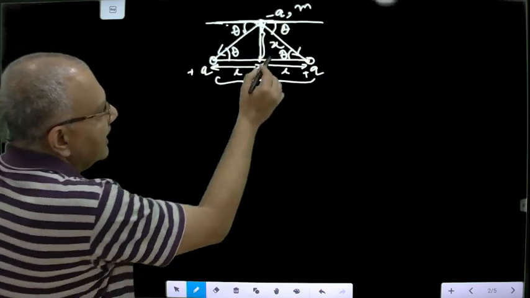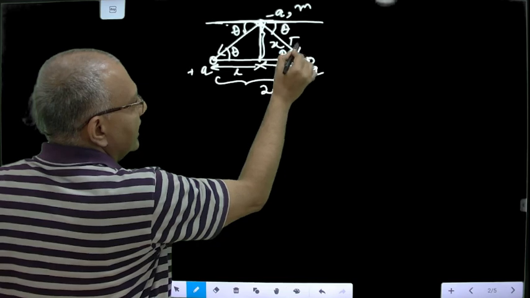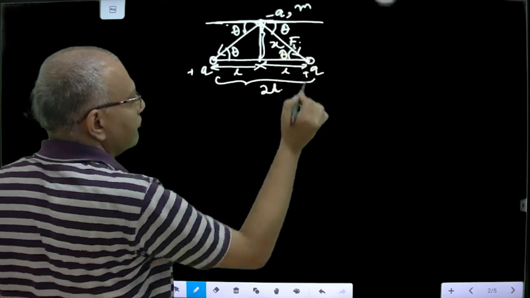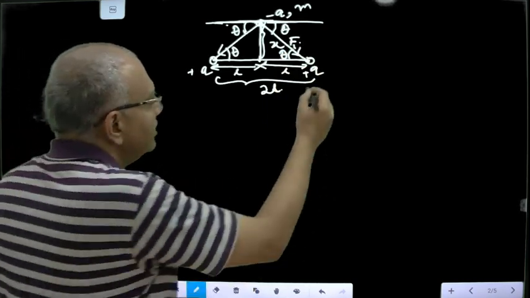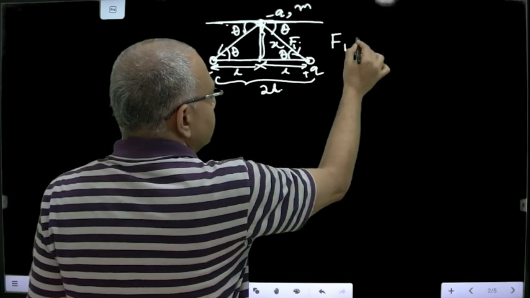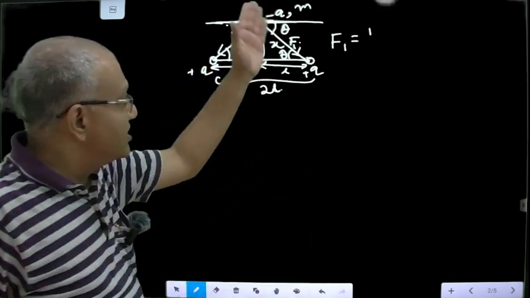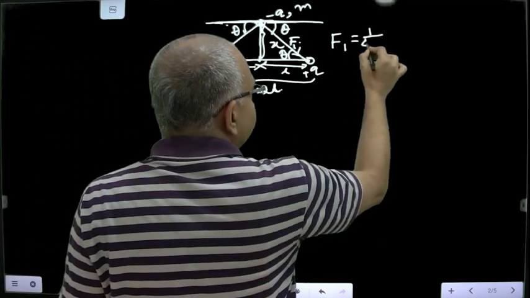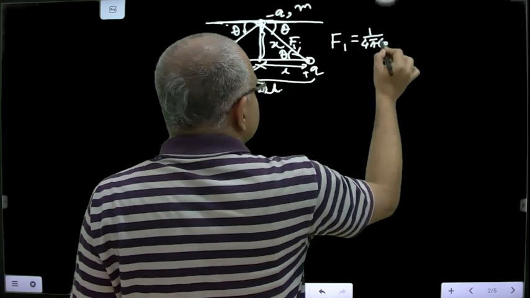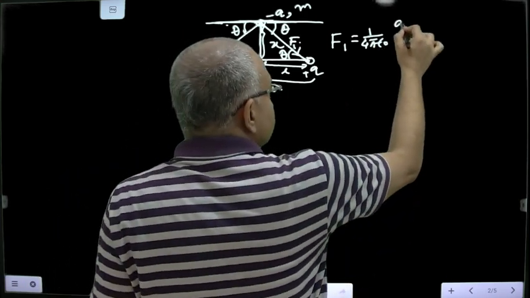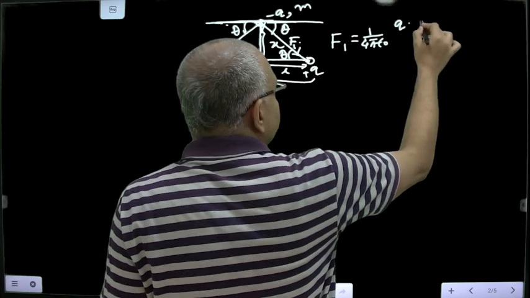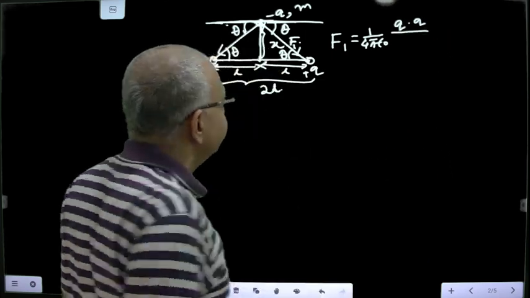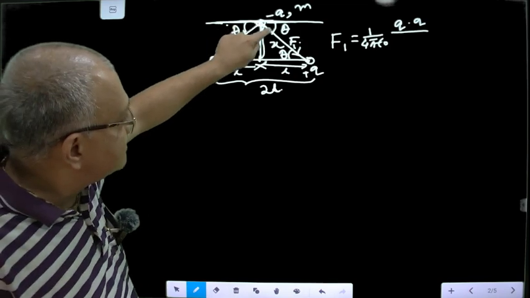Let us think this is F1. What should be the value of F1? If all the charges are situated in a vacuum, we can write F1 equals 1 by 4 pi epsilon naught, magnitude Q into Q divided by the distance between them.